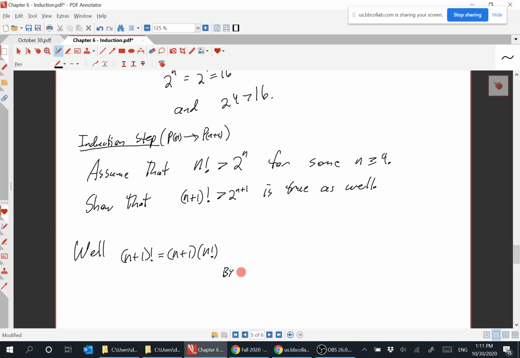So by the induction hypothesis, we get what? n factorial is bigger than 2 to the n. So n plus 1 times n factorial is bigger than what? Yeah, it's bigger than 2 to the n, but more than that. Bigger than 2 to the n times 2. More than that. Times n? No. More than that.